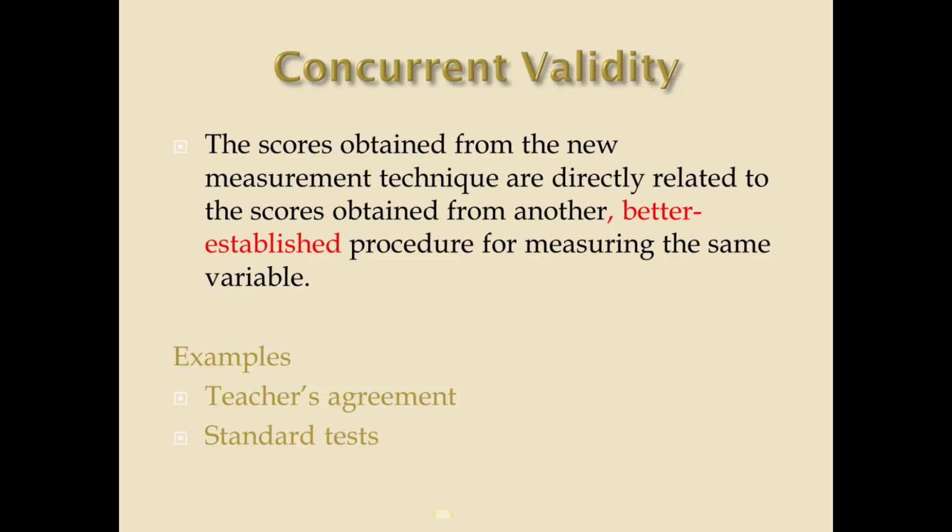For example, you can measure the correlation between your test and a standard test and see if students who get good scores in your test also get a good score in the standard test. Then you can say my test has concurrent validity.